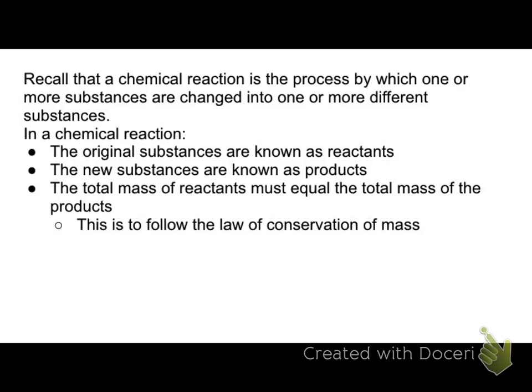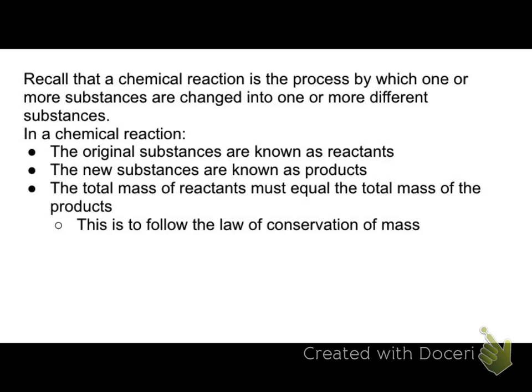So, throughout today, you're going to hear me talk about reactants and products. Those are new words that we have to become familiar with. If you are looking at the chemical equation written, your reactants are always going to be written on the left side, and your products are always going to be written on the right side of the arrow that's in the center.